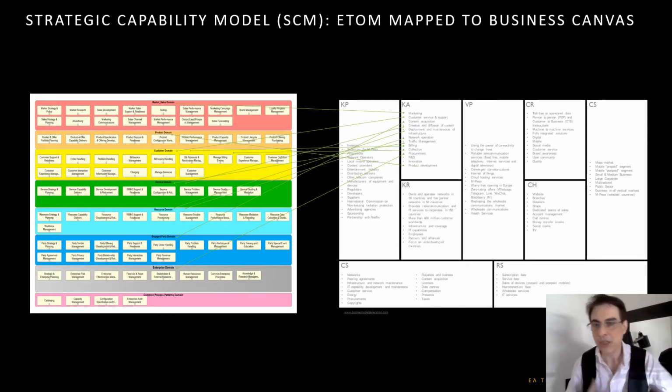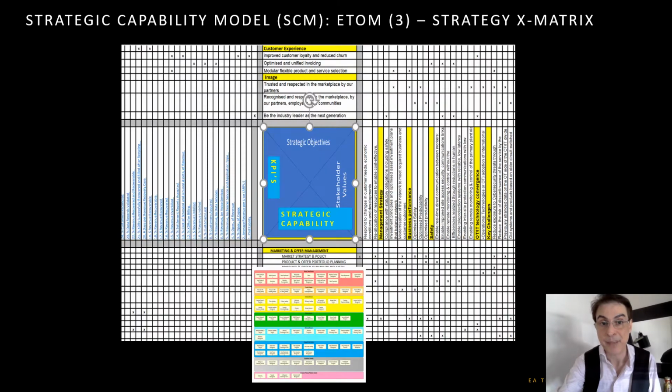What are the different parties we need to interact with? Which ones are partners? Which ones are suppliers, for example? How do we interact with them? What are the services they expect from us? What are our channels? And through that analysis, we solidify our understanding of our strategic capabilities until our strategic capability model becomes one that we can rely on and in fact baseline.